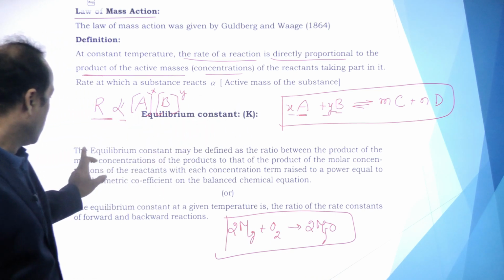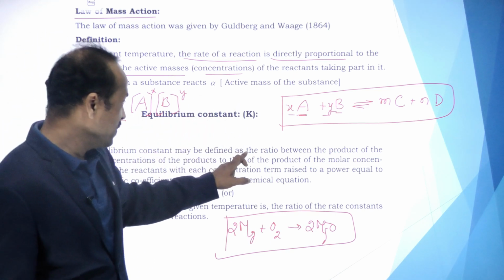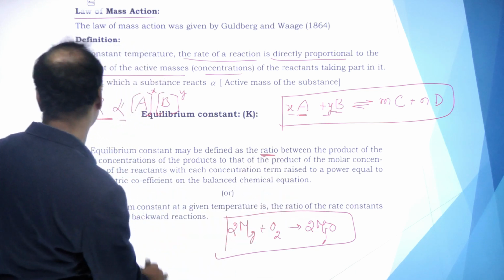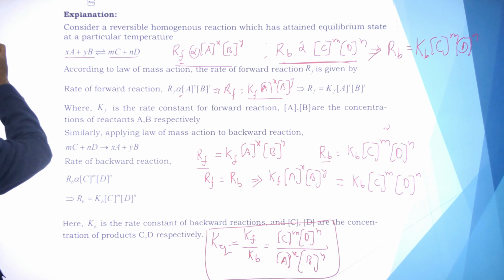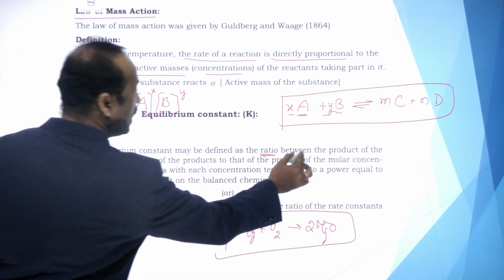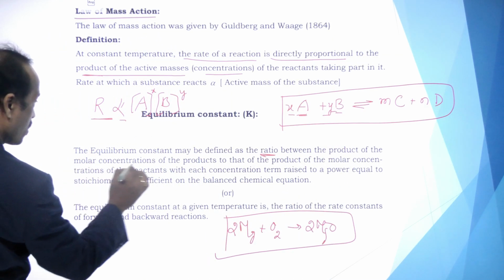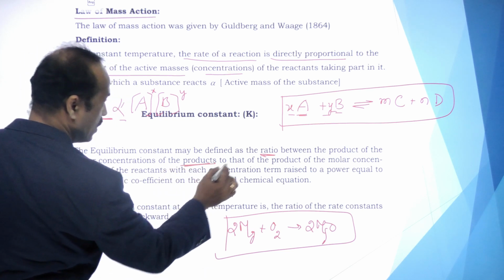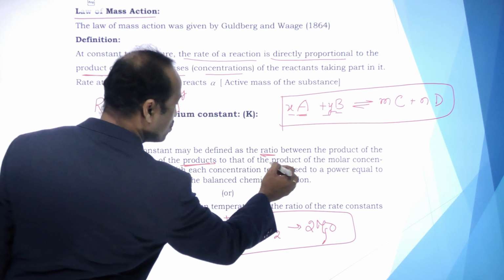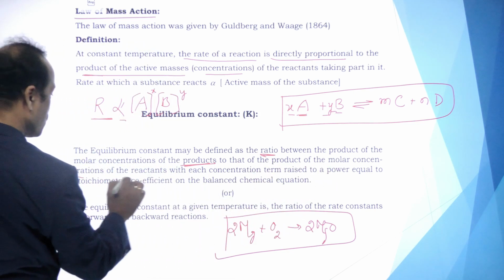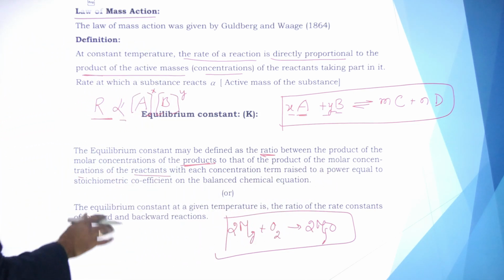See here, the equilibrium constant is defined as a ratio. Ratio means what? Division. So see here, division. The ratio of the product of the molar concentrations of products, products in the numerator, to that of the product of the molar concentrations of the reactants, reactants in the denominator.